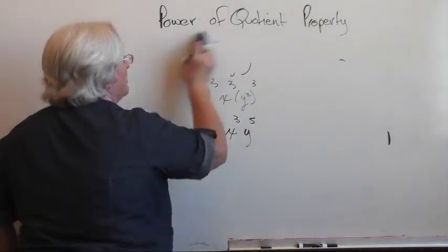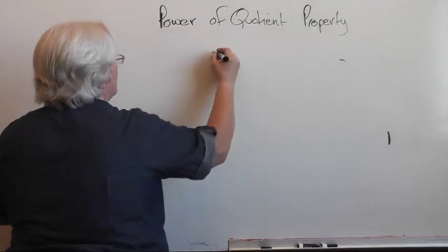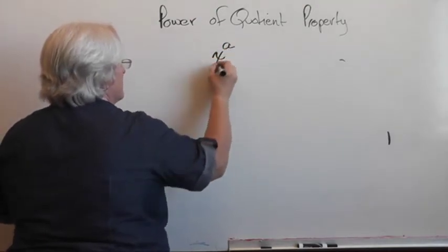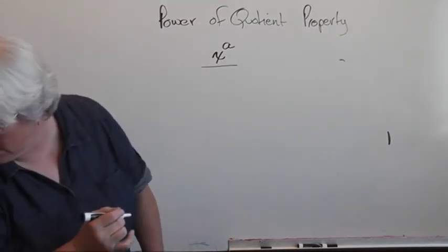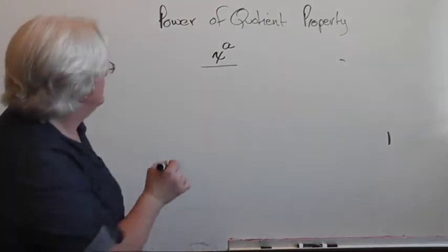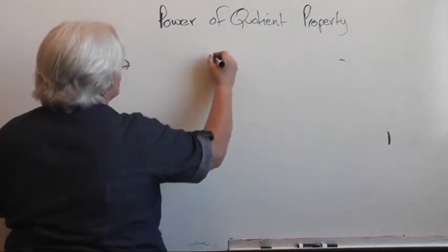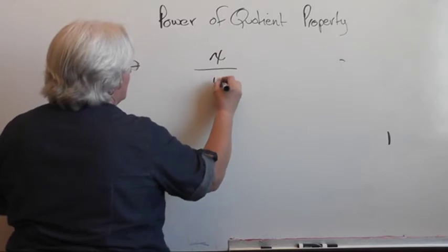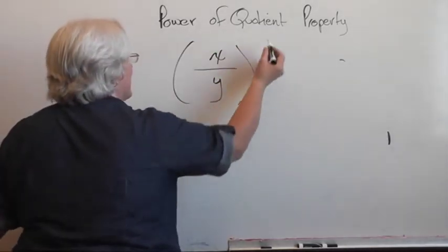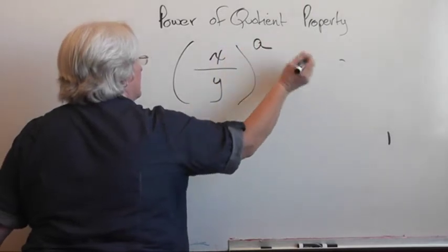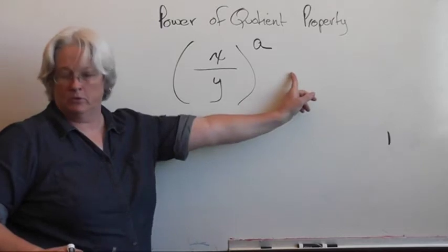But now we want the power of a quotient. What's a quotient? You have x to the a divided by y. You have a quotient. You have some numerator, and then you have a denominator. And you want to raise that entire quotient, or this entire ratio, to a power.